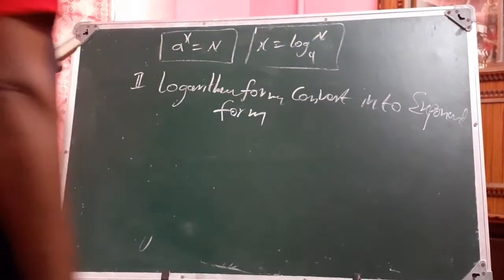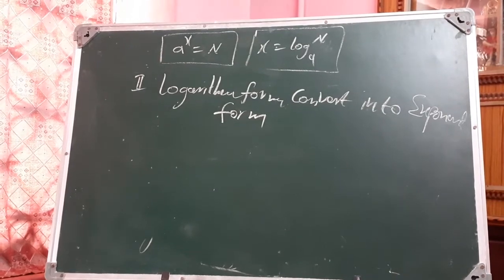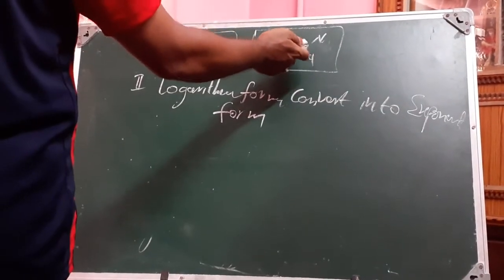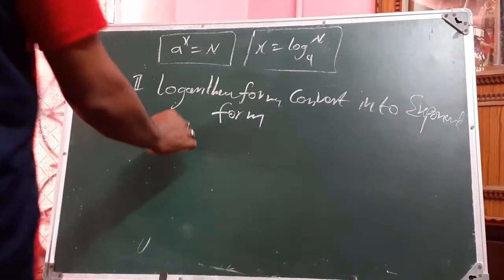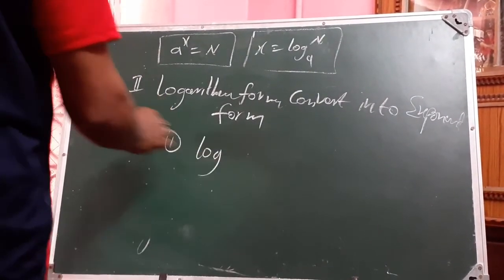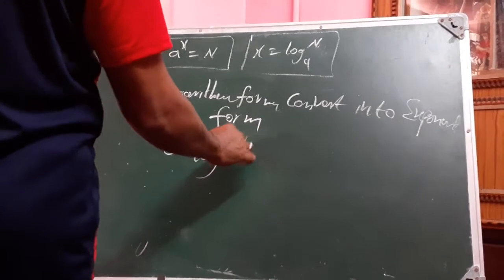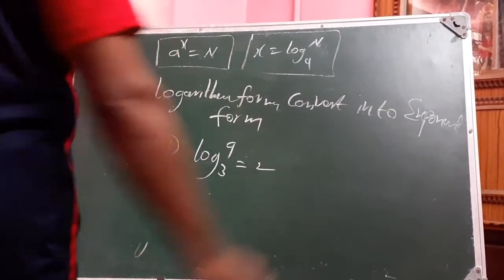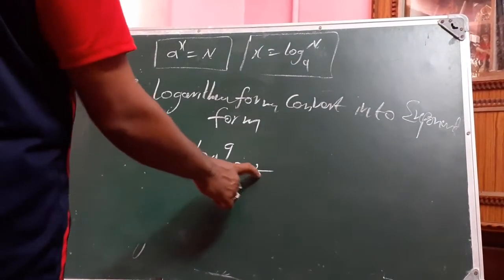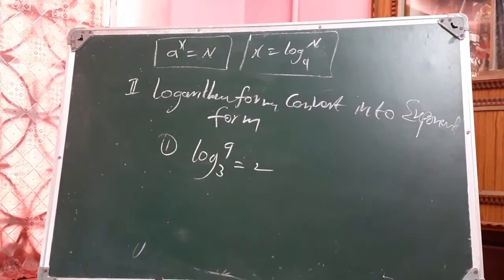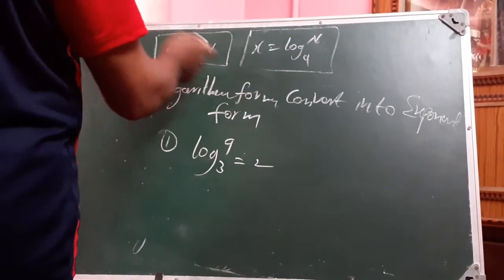Now reverse: logarithmic form given, convert into exponent form. Suppose first sum: log 9 base 3 is equal to 2. This is the logarithmic form. Now convert into exponent form.